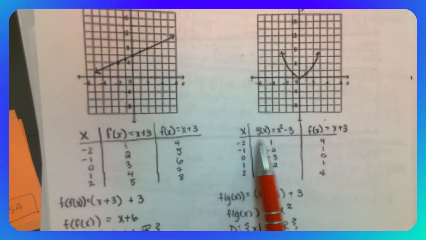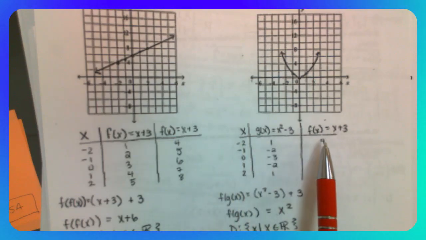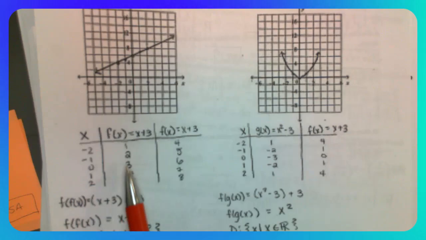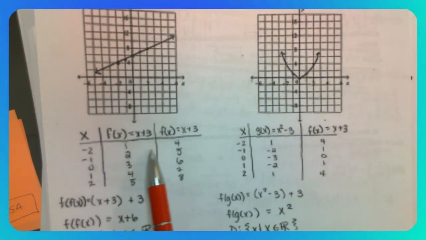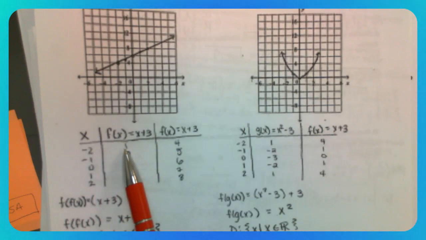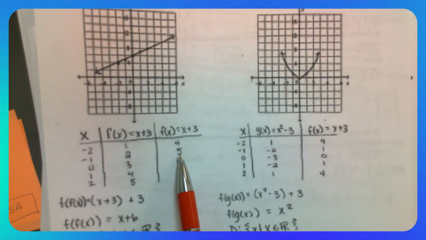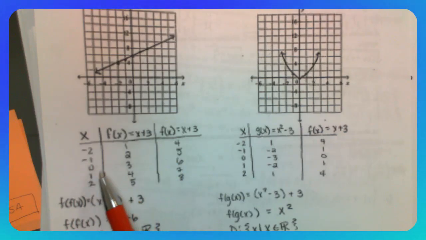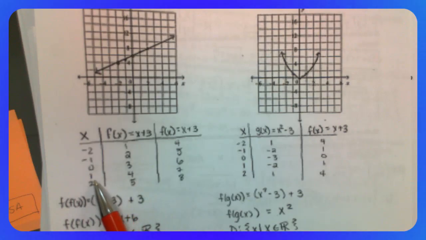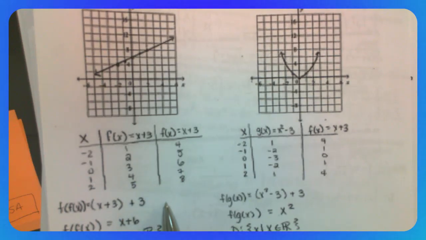Here's my x, matches up with my y. Here's my x, matches up with my y. So when I'm adding, if I add these two functions, I get negative 2, 5, negative 1, 7, 0, 9, 1, 11, and so forth.